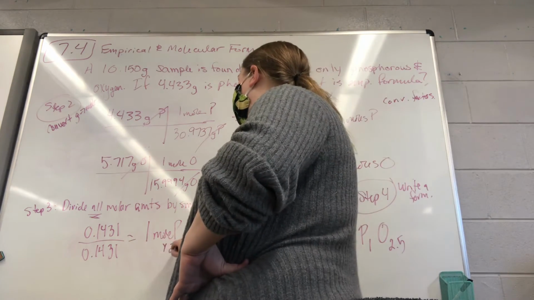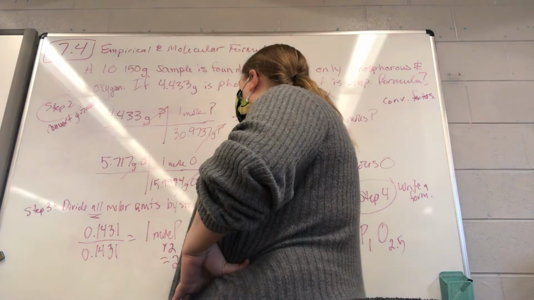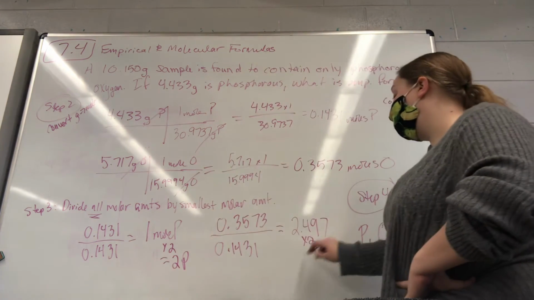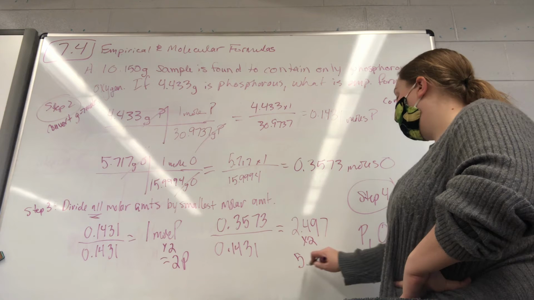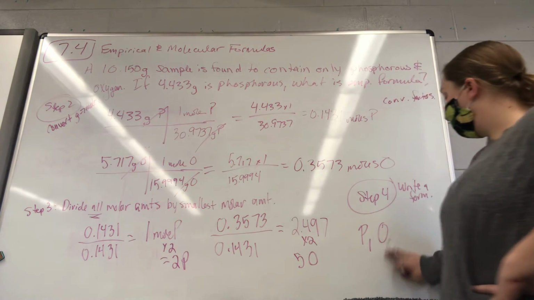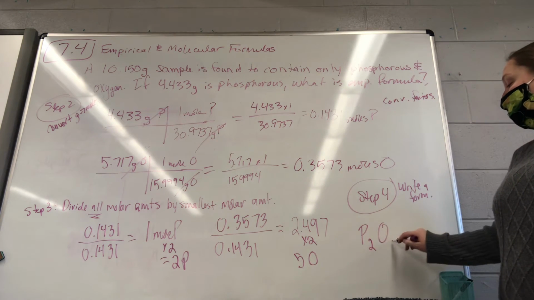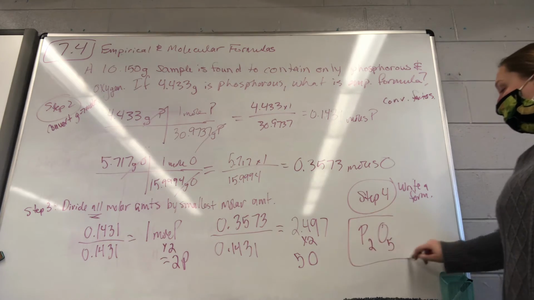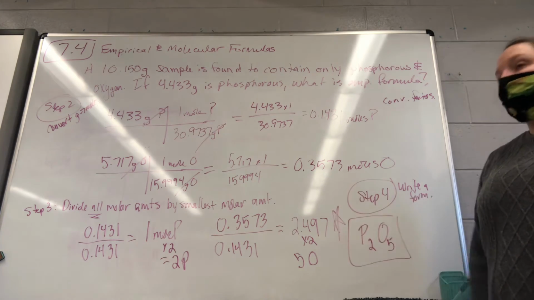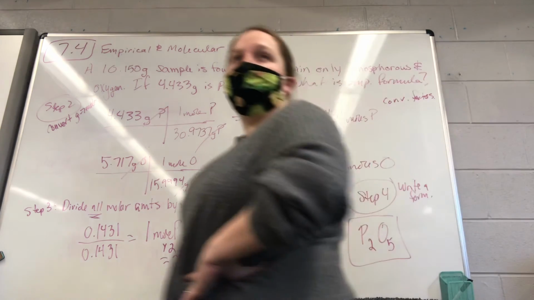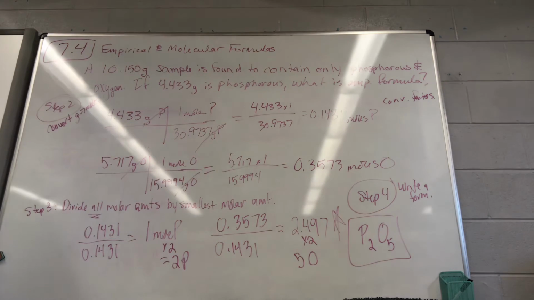Let's multiply everything by 2, including the 2.5. P2O5.